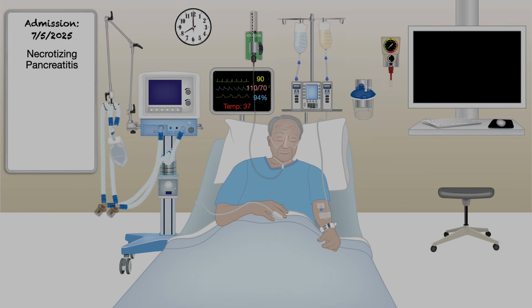So, as you can see here, this is almost 4 weeks from the admission. The patient has been on antibiotics for a very long time since the diagnosis of infected pancreatic necrosis was made. And you feel happy that the pain has resolved.